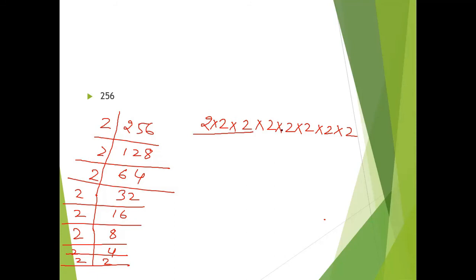So making groups of 3. These are perfect groups of 3. But here we have only two 2s. Okay, only 2 times. If we multiply this number again by 2, it will be a perfect cube.